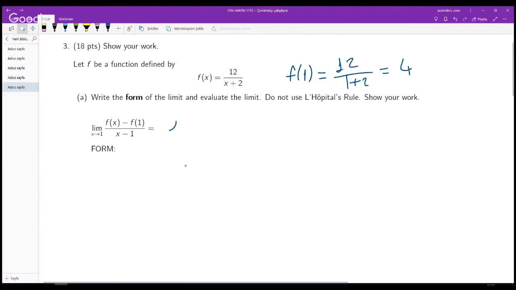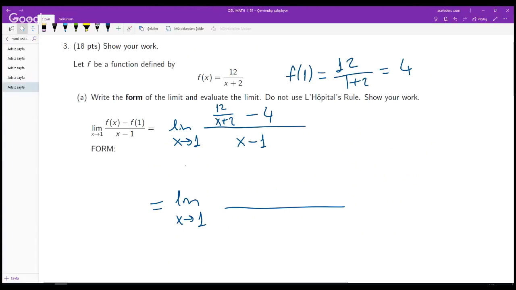Now I have the limit as x approaches 1 of 12 over x plus 2, because that was f(x), minus 4, over x minus 1. The only thing I will do is write the numerator more clearly. By multiplying 4 by x plus 2, I have 12 minus 4x minus 8 over x plus 2, and over x minus 1.